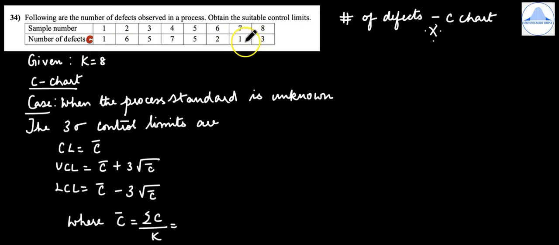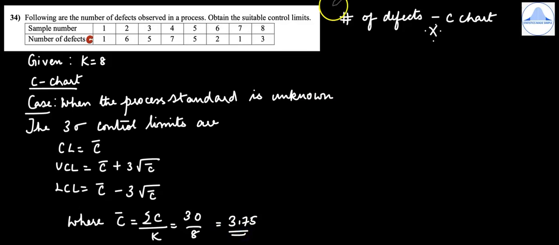So you add up the defects, and you get summation C as 30. So it is 30 divided by 8, which is 3.75.